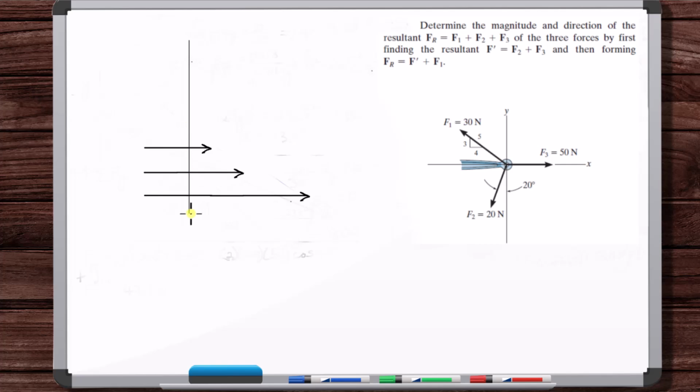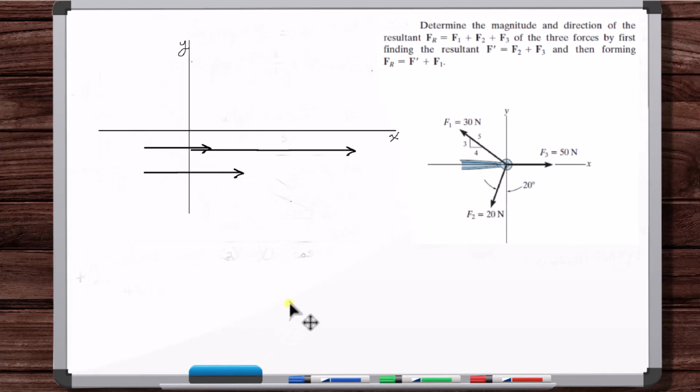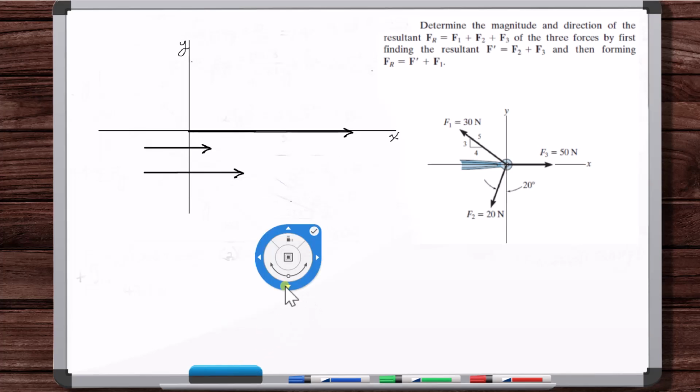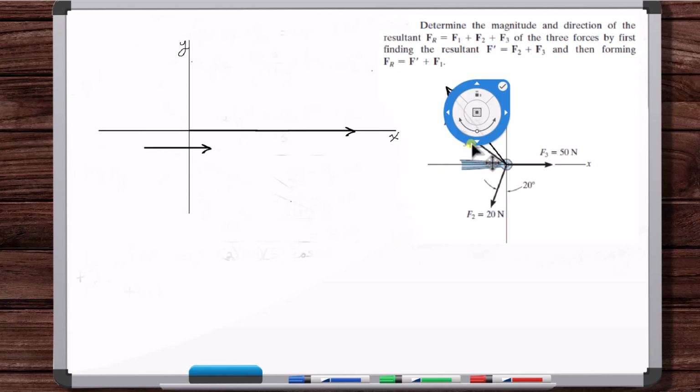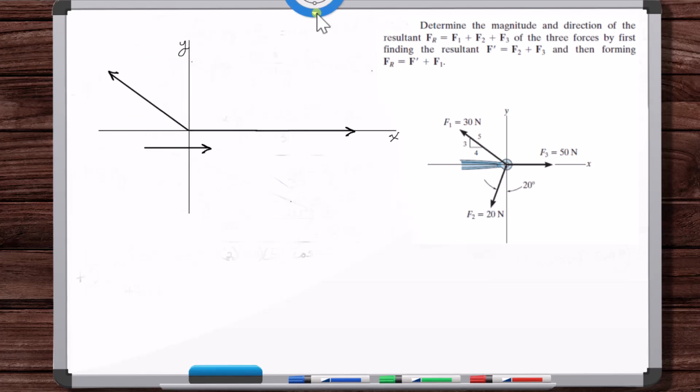Let's draw the X and Y axes. Let's leave room for F3. Okay, so there's F3. Now F1. Okay, there's F1. All right, F2 is at this angle.